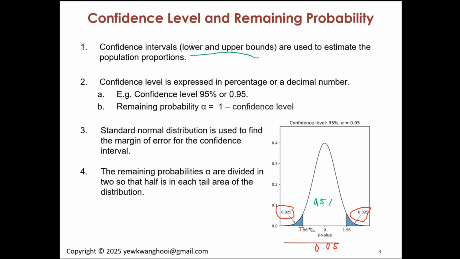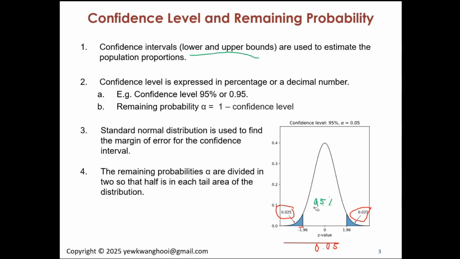Anything that falls between negative 1.96 and 1.96 is in the 95% confidence. We are sure that the proportion is right.